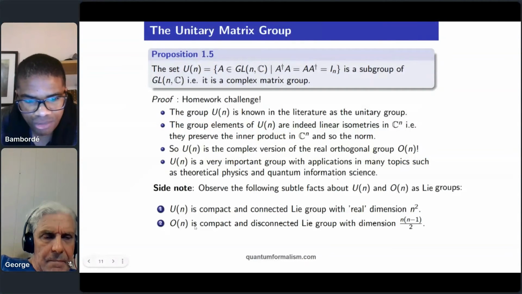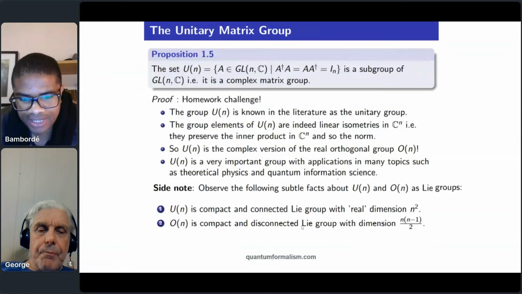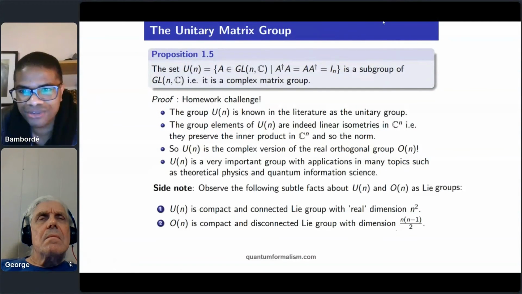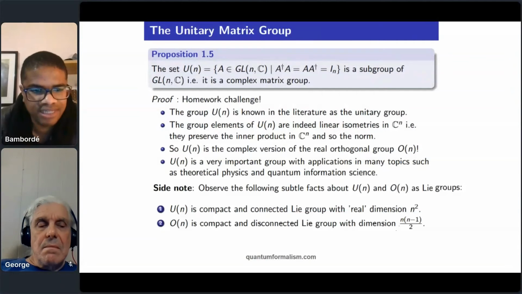So the orthogonal group, real, obviously, is compact but disconnected. I hope I also got this right. Okay, the dimension, definitely, this is the dimension of it. This is just a hint, because you will not understand why this is the case until we go to the Lie group course.